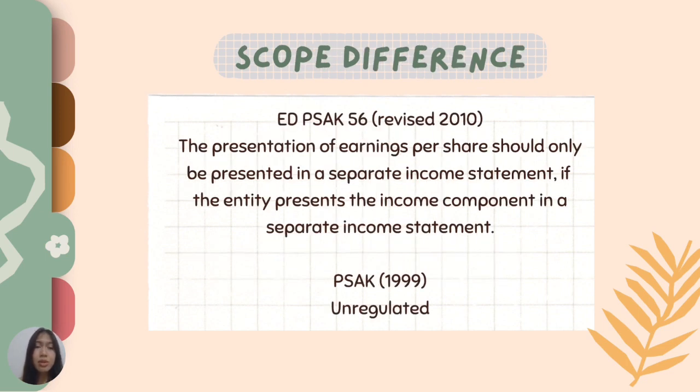The scope difference: in the exposure draft PSAK 56 revised 2010, earnings per share should only be presented in a separate income statement if the entity presents the income component in a separate income statement. And the scope in PSAK 1999 is unregulated.